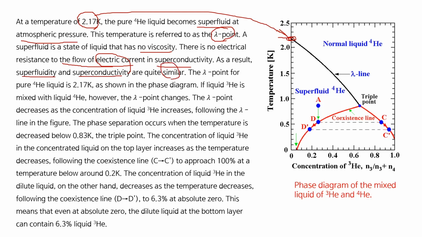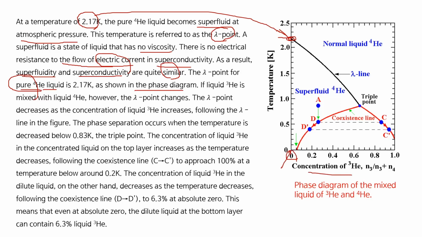The lambda point for pure helium-4 liquid is 2.17 Kelvin as shown in the phase diagram. So pure helium-4, so there is no helium-3 at this point.